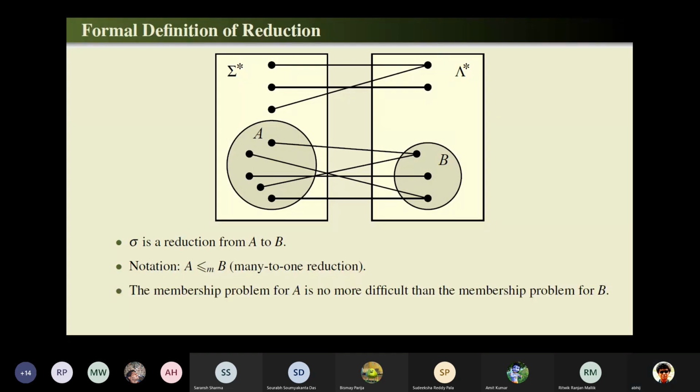So the membership problem for A is no more difficult than the membership problem for B, and that is why we use the less than or equal to sign.